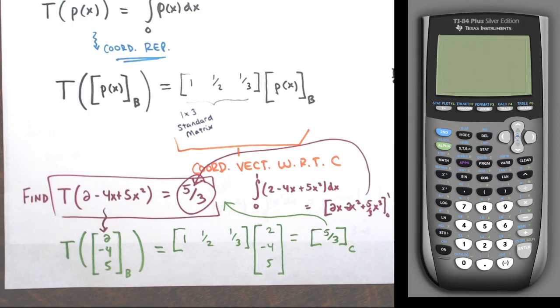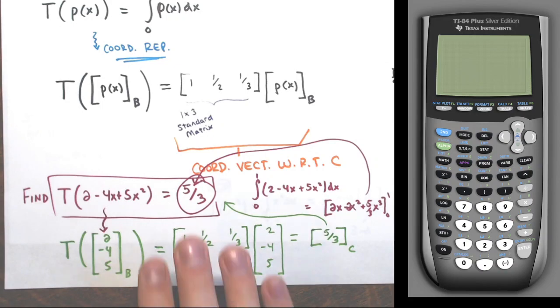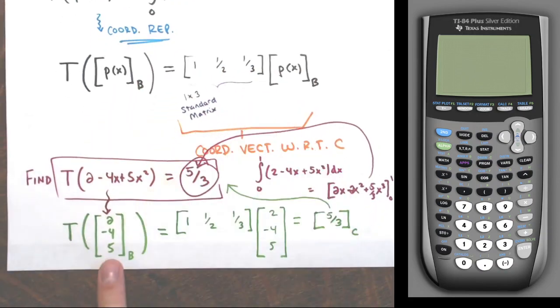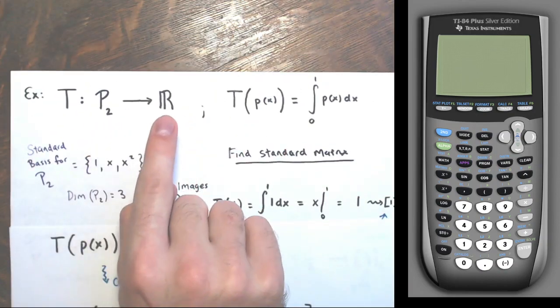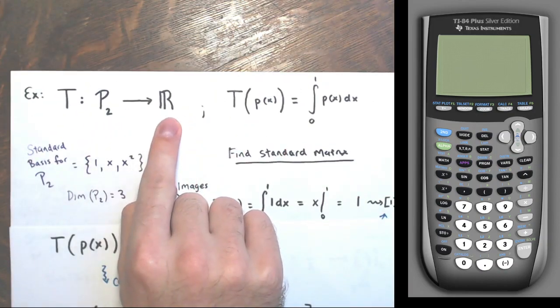But this is just to show you how every linear transformation, every single one, is just like the linear transformations between Euclidean spaces. Do you see how it ended up here? I basically went from R3 to R1, and that's because our domain had dimension 3, our codomain had dimension 1.